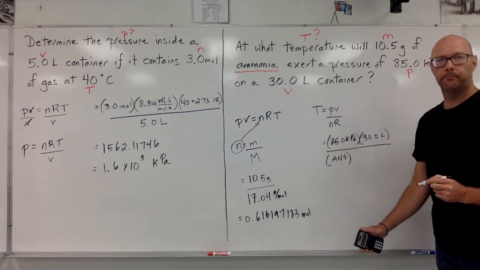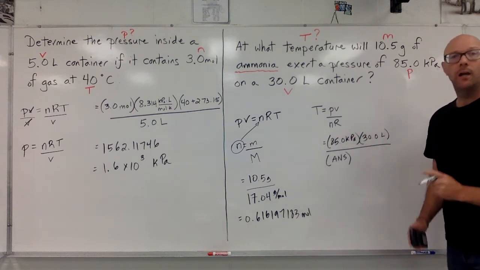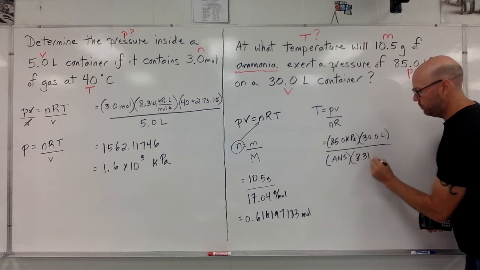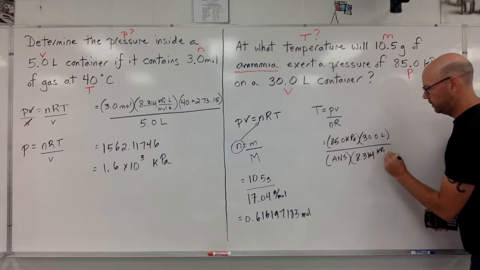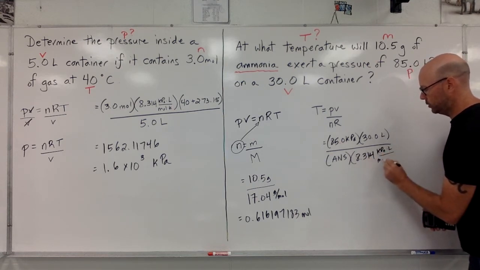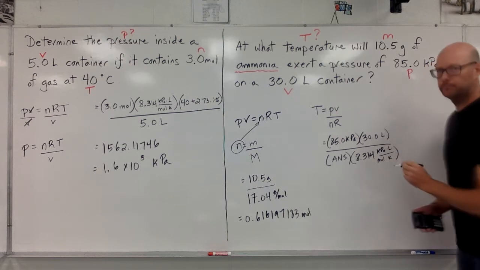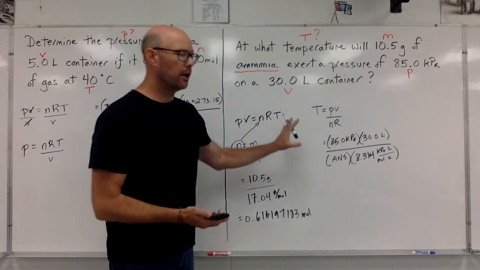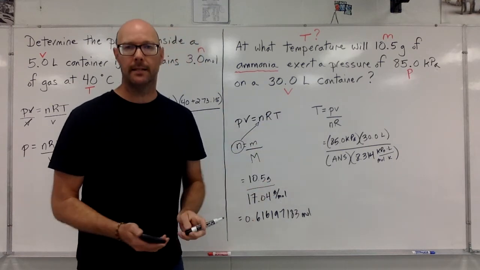0.61619. Multiplied by R, the ideal gas constant, 8.314 kilopascal liters per mole Kelvin. We have to be really careful now with our calculator work. If we got this far, it'd be a shame if we didn't get the answer.